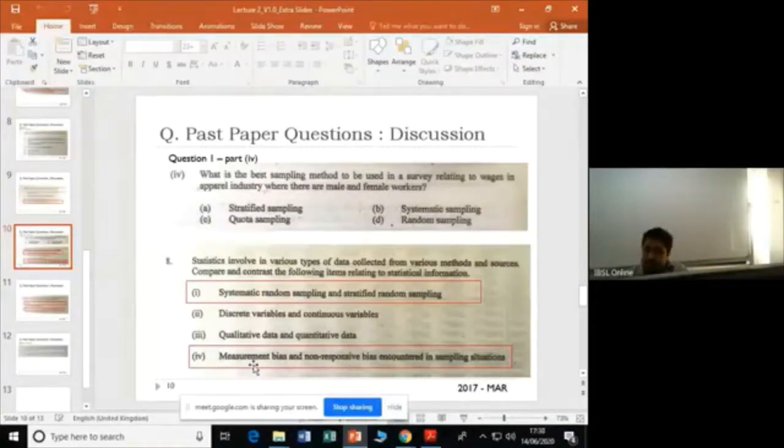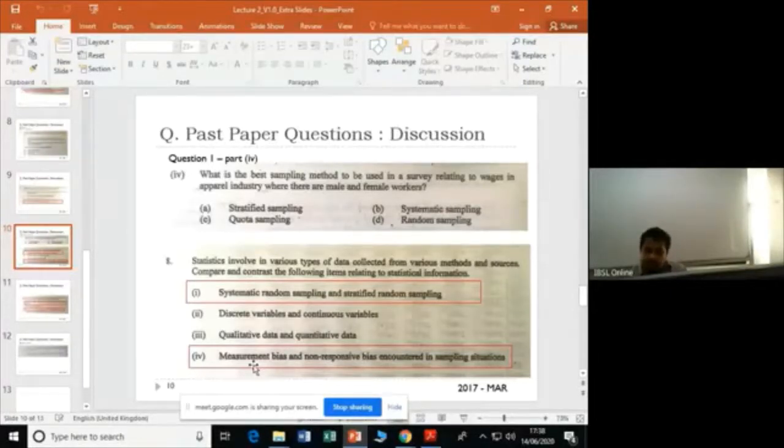About quota sampling, okay, that seems to be a fairly good method. We keep that aside. What about systematic sampling? That means you put them in a line, or using an equation, you select an opportunity. Still, it will give you a bias.